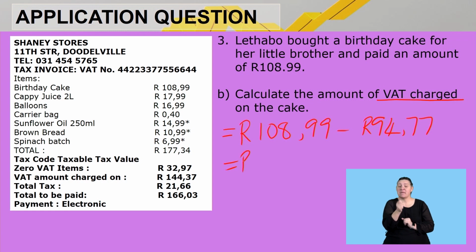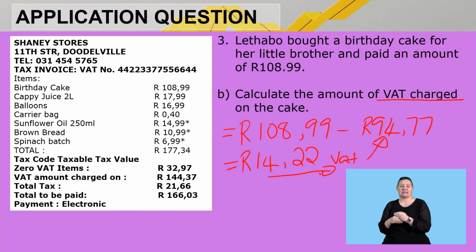So the amount of VAT was 14.22. Now you can prove this by taking this VAT amount and adding it to the VAT exclusive amount. It should take you to 108.99.